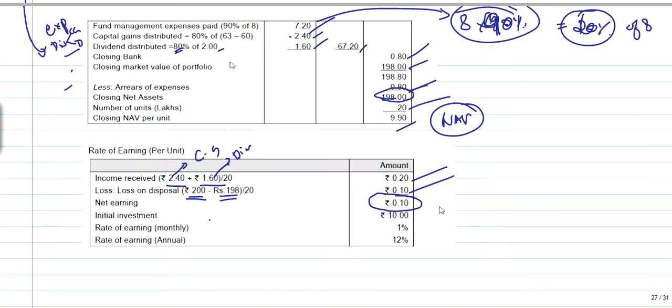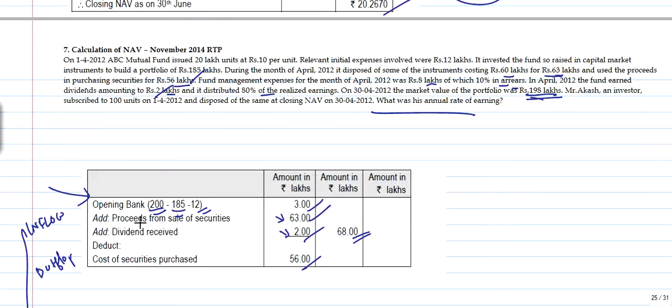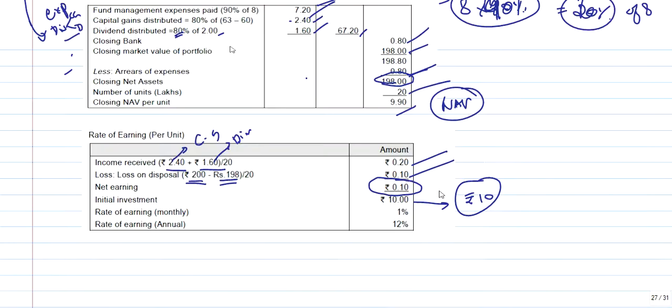So the initial investment is rupees 10 per unit, correct? Net earnings is 0.10, initial investment is 10, so 0.10 divided by 10, you will get 1 percentage, that is for 1 month.